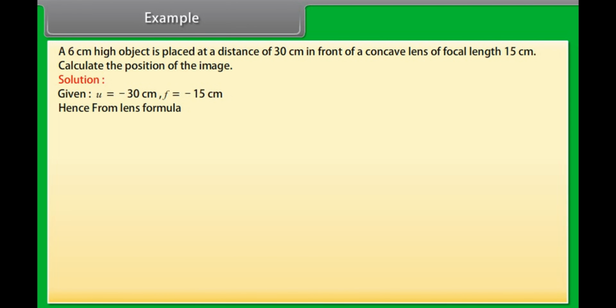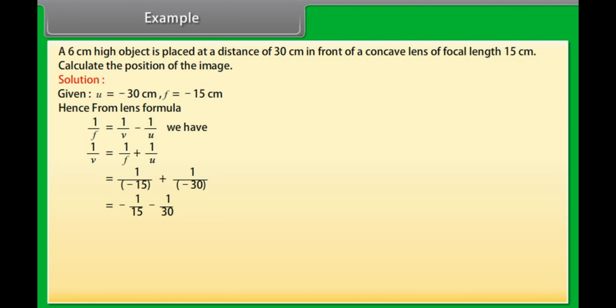Hence, from lens formula, 1/F = 1/V - 1/U. We have 1/V = 1/F + 1/U = 1/(-15) + 1/(-30) = -1/15 - 1/30 = -3/30, or V = -30/3 = -10 centimeters.